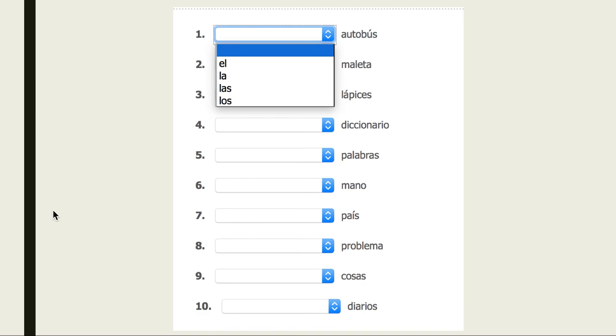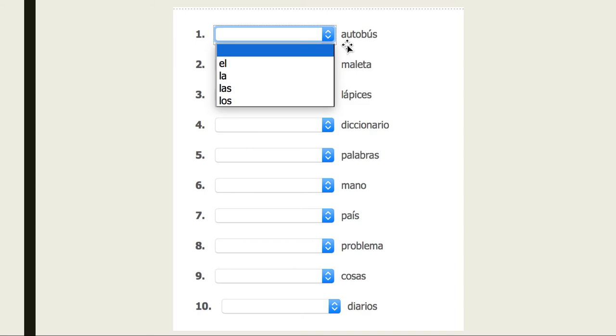So here's the first homework assignment related to this section here. All you have to do is look at the noun and then select the corresponding definite or indefinite article. So, the easy way to do this is to look at the noun and see if it's masculine or feminine, and then singular or plural.